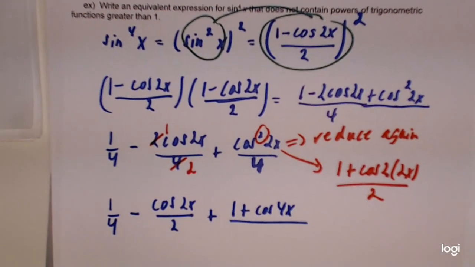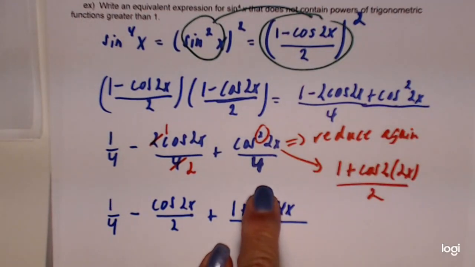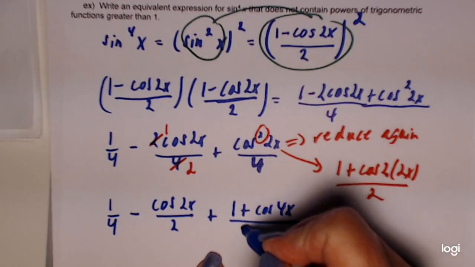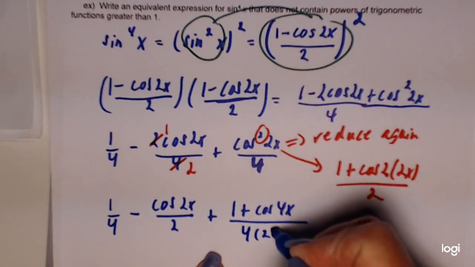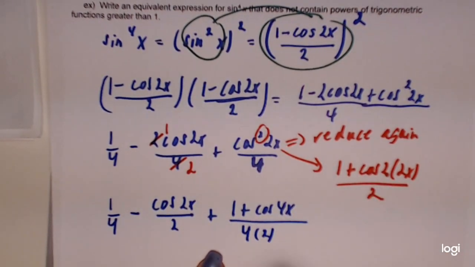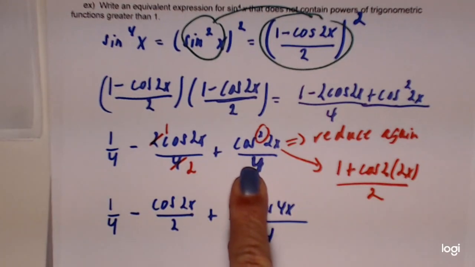And in our denominator, we had the 4. So we already had that 4, and now we're going to multiply it by 2. So this is going to become 8, but I wanted to show you we have that 4.